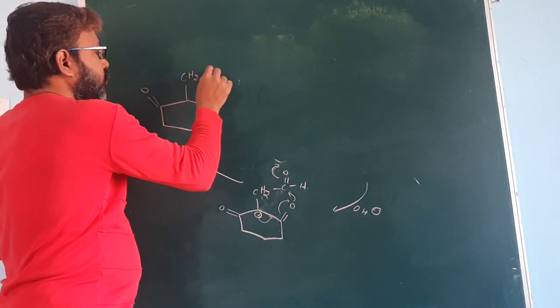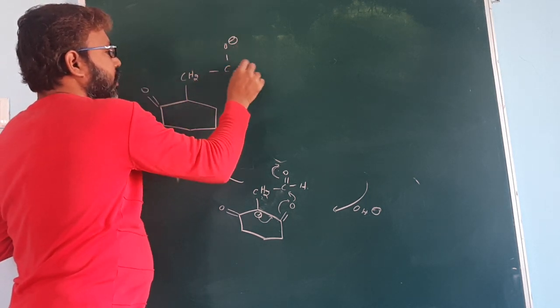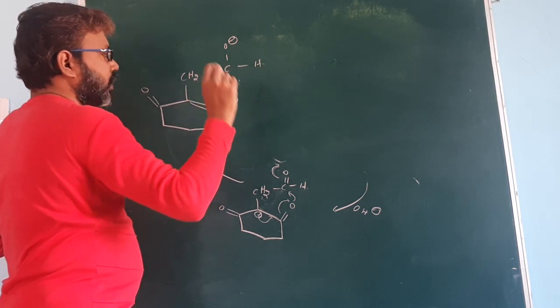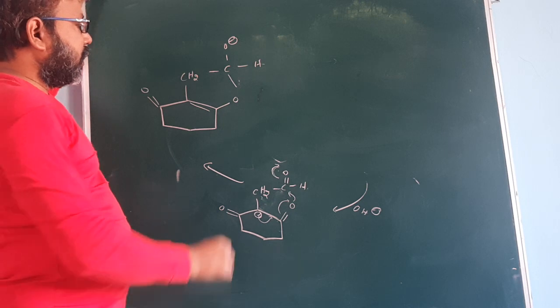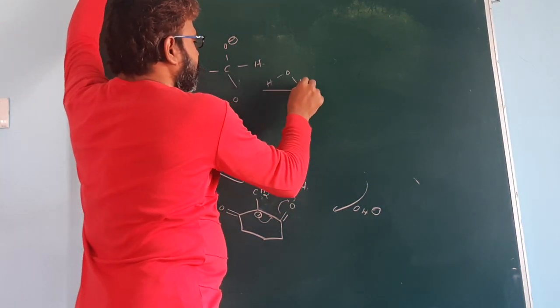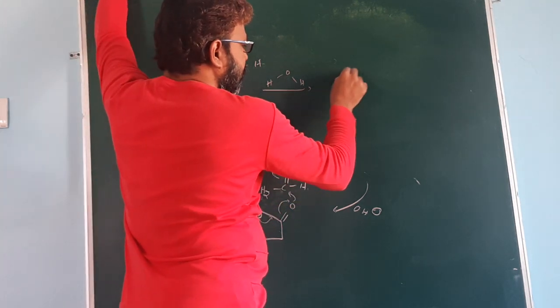So CH2, C, O minus, H, double bond O. You get this, and it accepts the proton from water, so H plus attacks here.